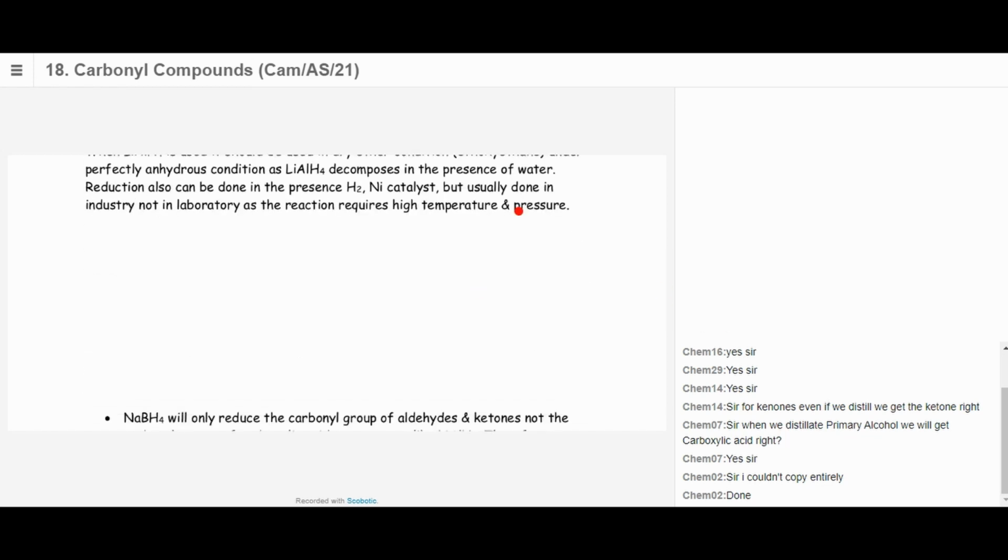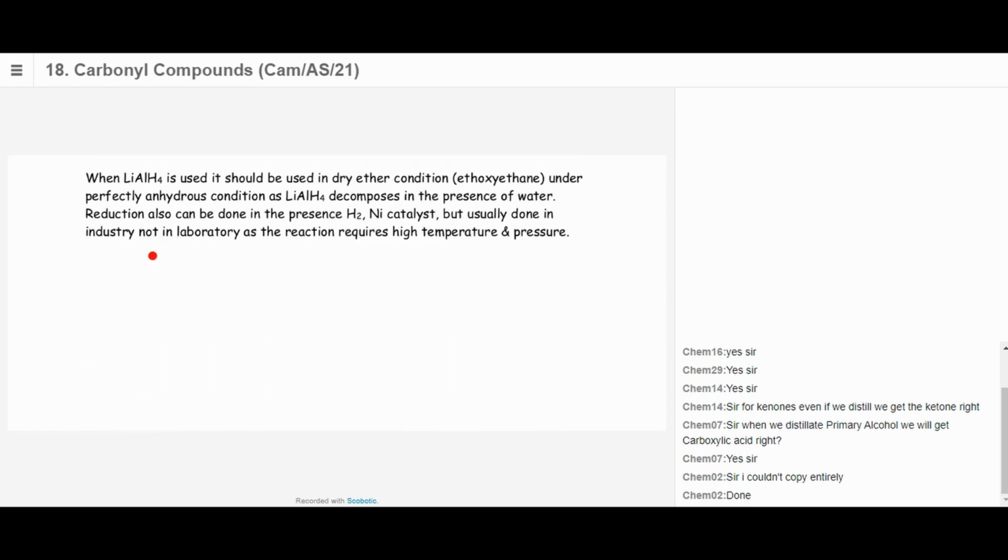So if you take, say, an aldehyde, when you use lithium aluminium hydride, you have to use dry ether conditions, because lithium aluminium hydride is highly sensitive to water. In the presence of water, it gets destroyed. So lithium aluminium hydride should be dissolved in dry ether, usually ethoxyethane.